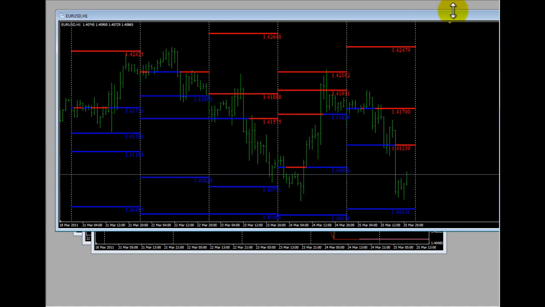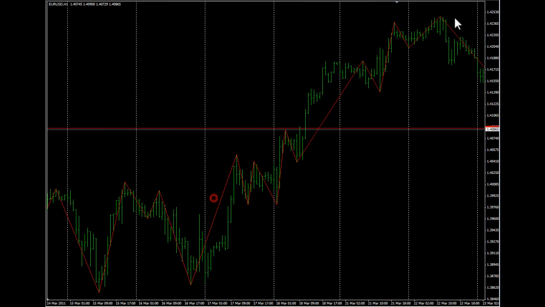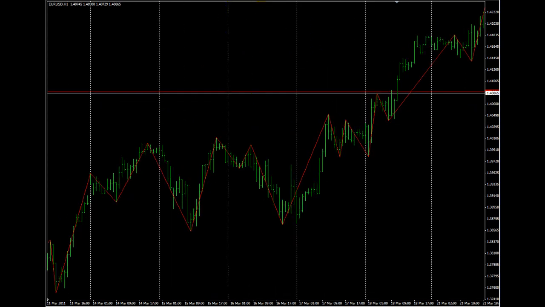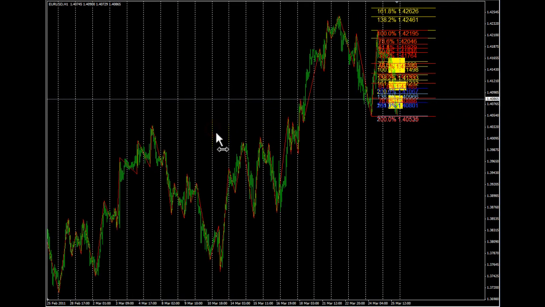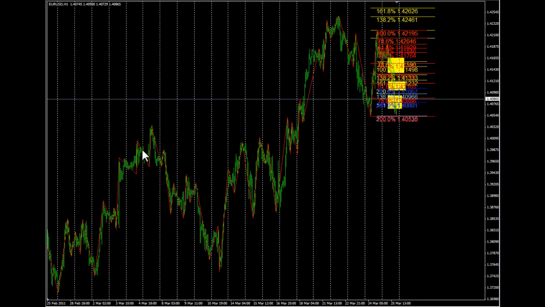By swings, I mean, if I were to use this zigzag right here, and I try to make the chart smaller, anytime the zigzag switches direction is a swing. So here's a swing, here's a swing, here's a swing, here's a swing, and so on and so forth. These are all swings, and also this big swing right here, and this is a small swing right here.